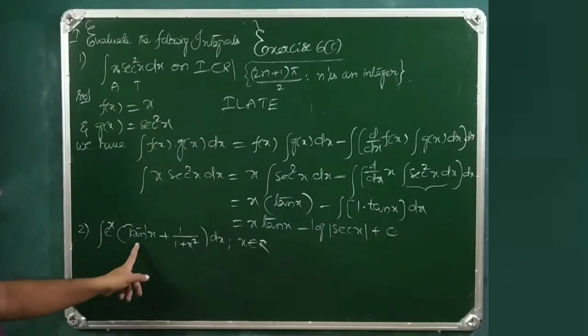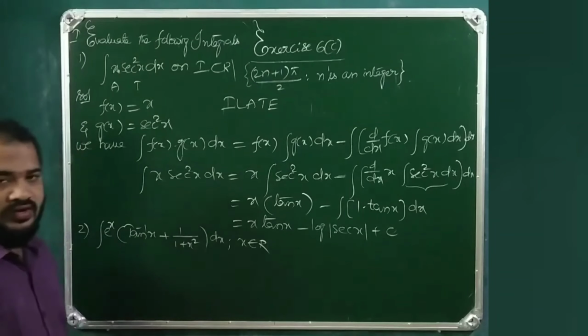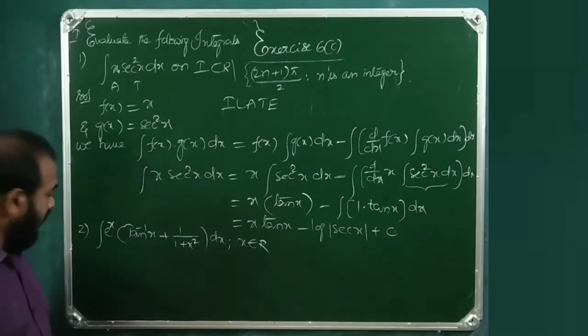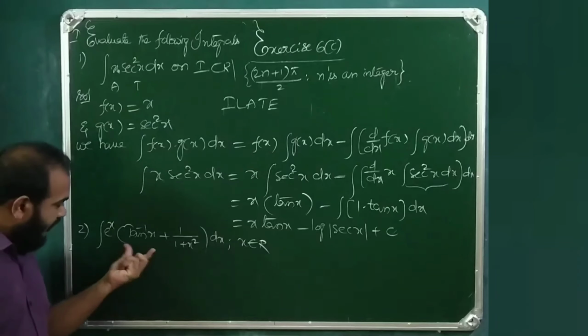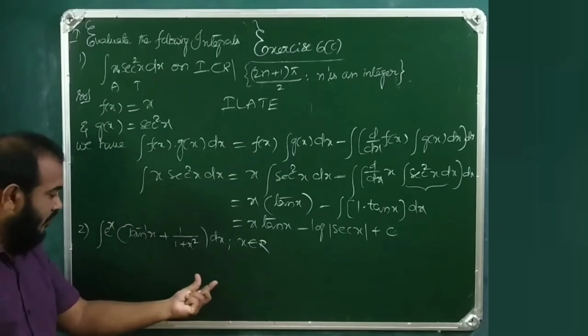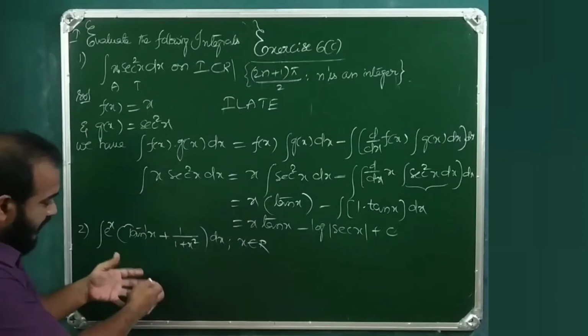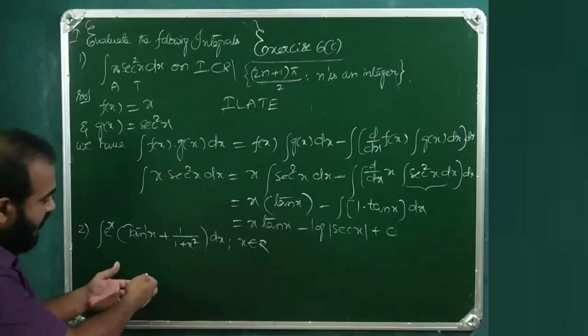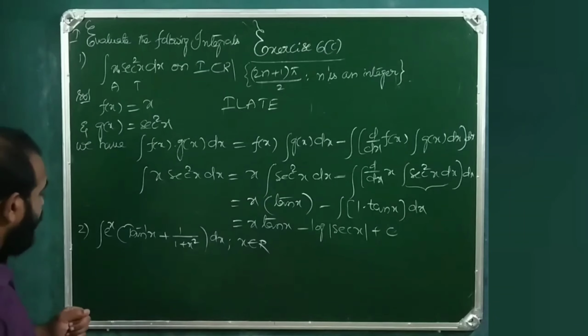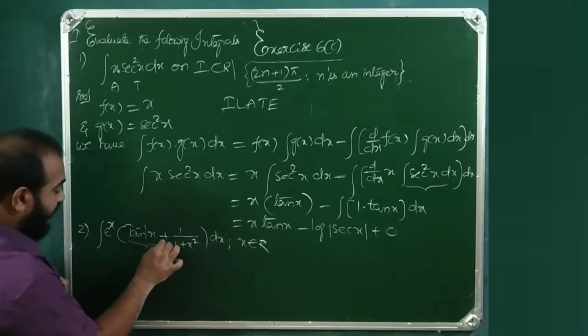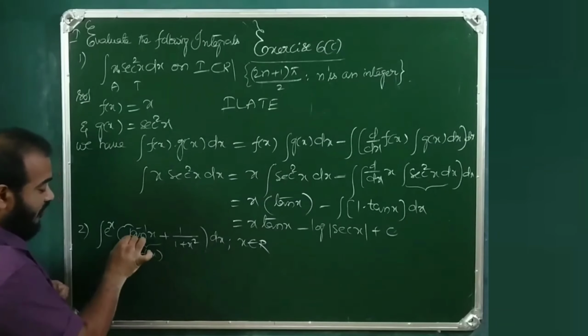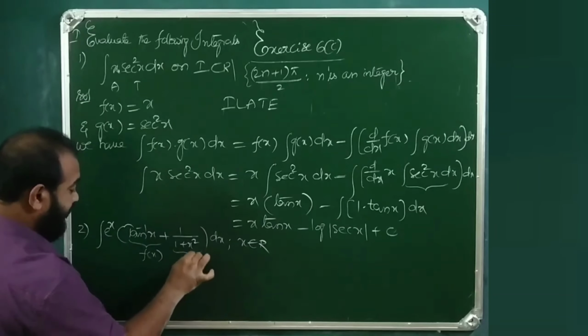Integral e power x into tan inverse x plus 1 by 1 plus x square dx. So this is our form, integral e power x into f of x plus f dash x dx. This is what we have discussed in this video itself, in the starting of this video. So here tan inverse x is f of x and tan inverse x derivative is f dash x.